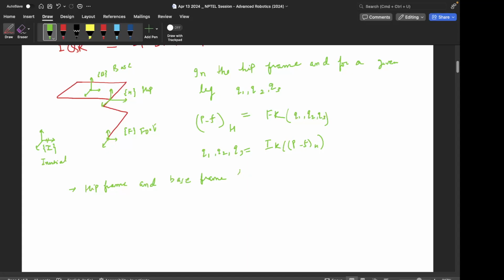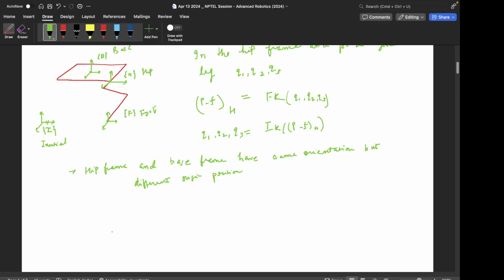So they have the same orientation, but different origin position. So there is just a difference of translation, which I will denote in this figure, that the base frame is here and the hip frame is here.